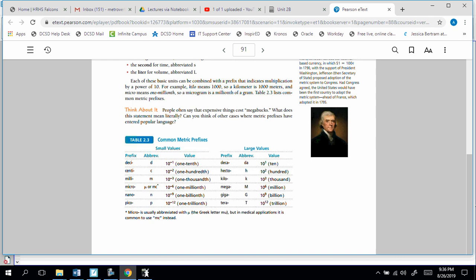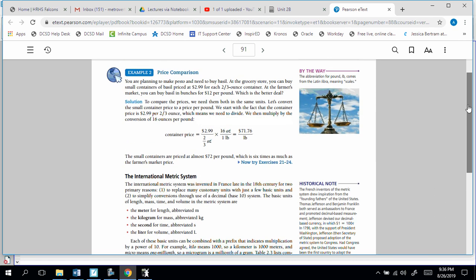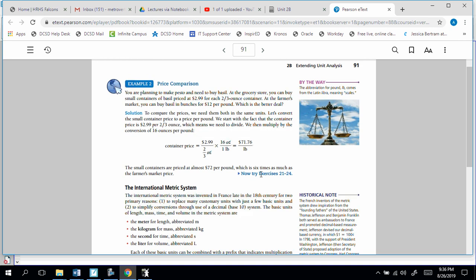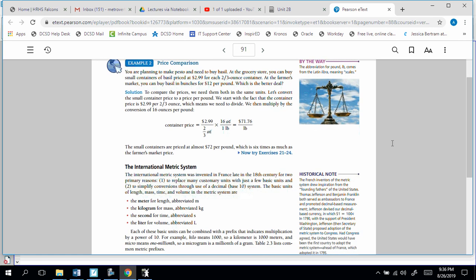I'm going to start with example 2 in the book. I don't work all the examples, but you can see that in the book it says now try exercises 21 through 24. So this example goes with that right there.